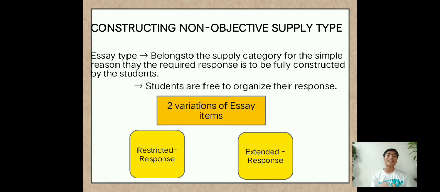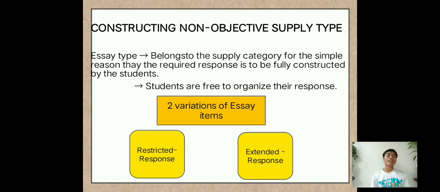Students are free to organize the response. You will give freedom to students while they are writing an essay. They have the freedom to organize and write depending on their techniques, especially in the essay type of examination or task.